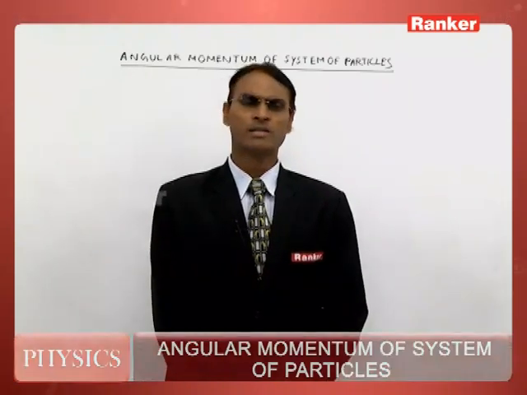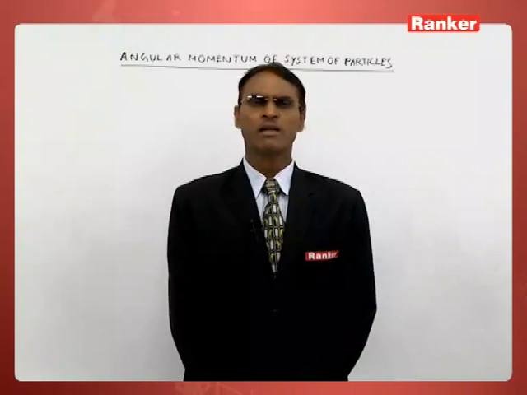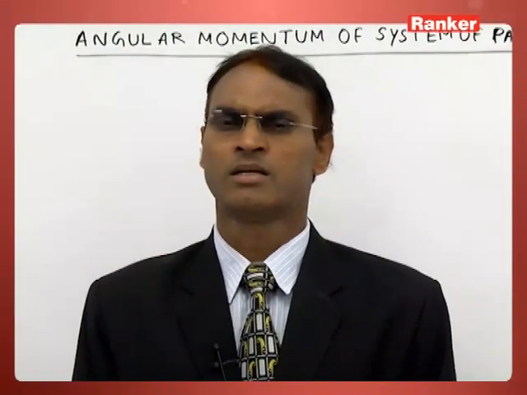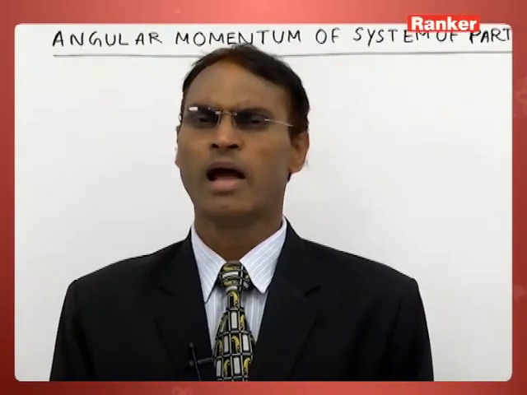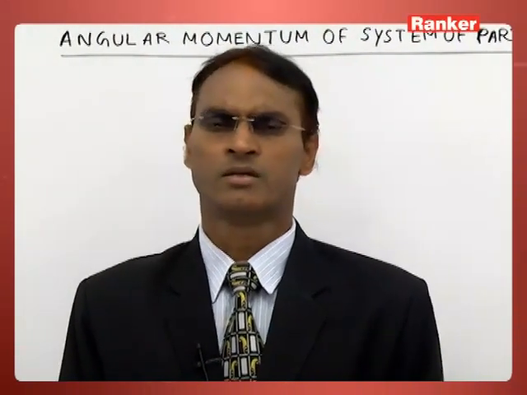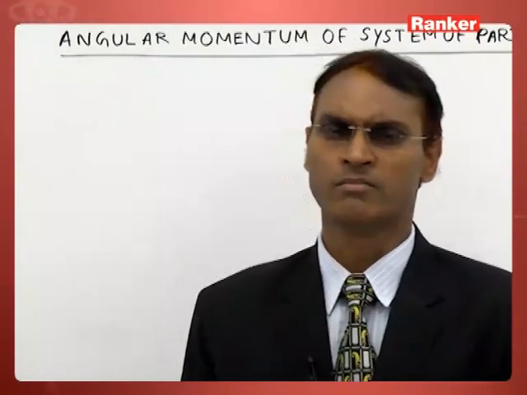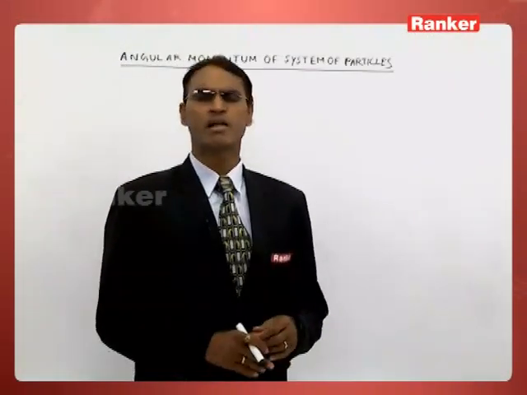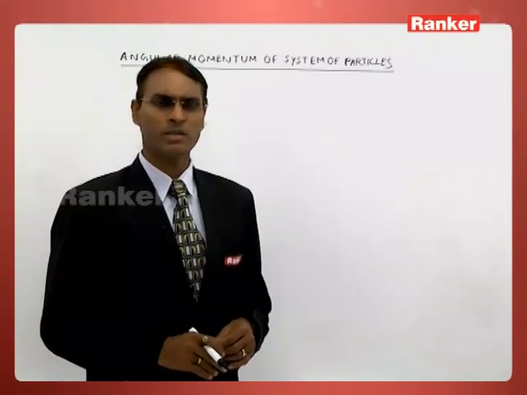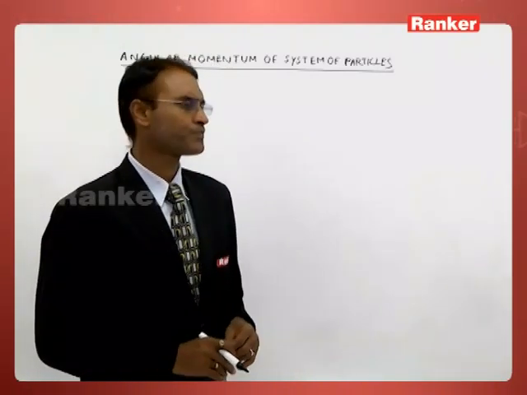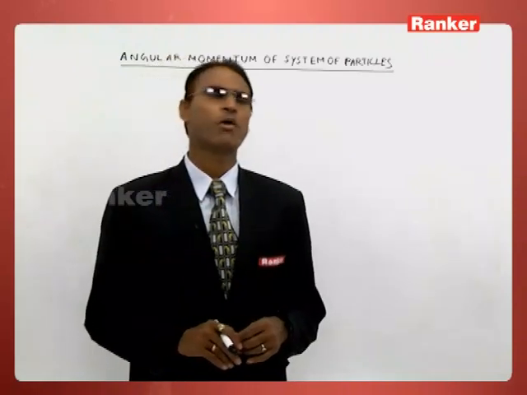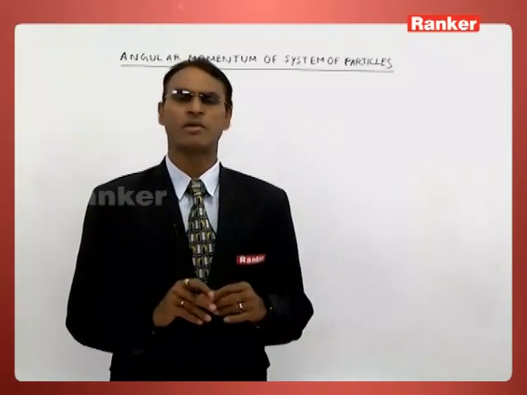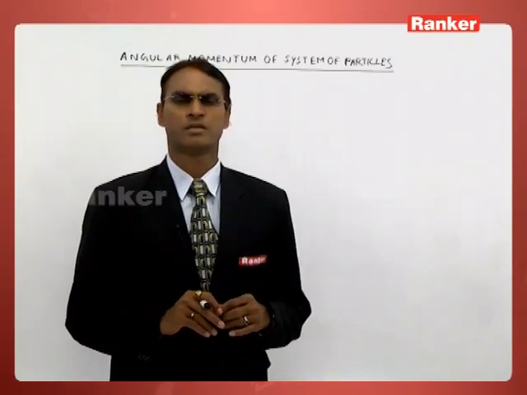If there are so many particles, we can calculate the angular momentum of all particles individually and add them up to get the net angular momentum. And we want to derive the expression for net angular momentum of a group of particles about an inertial reference point, and to categorize that angular momentum into two parts.